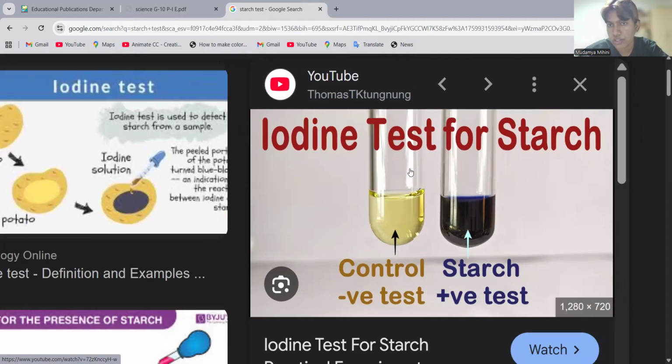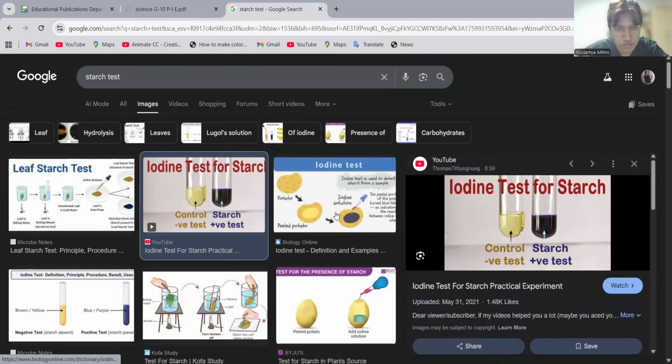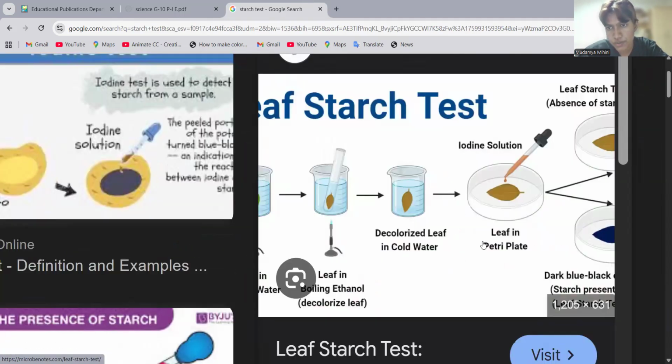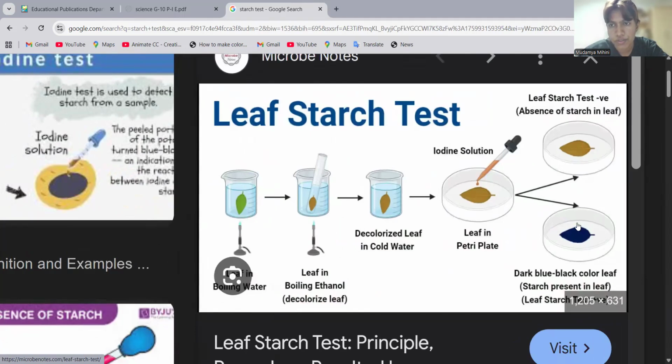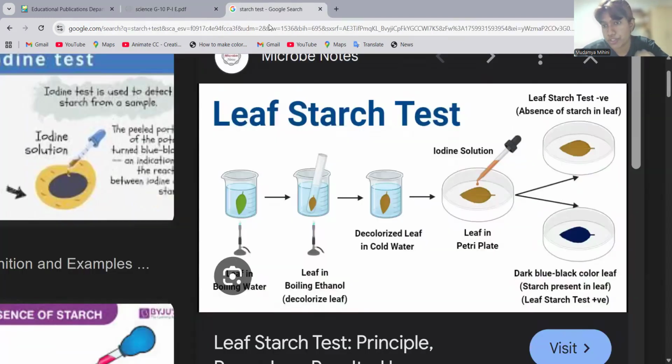This is the starch, the positive test. You can see it here as well. Dark blue, so it's purplish, right? Purplish blue, because that's what our book mentions. And if you don't write purplish blue, you might lose points even if you say just blue. So just write purplish blue after iodine solution is added.